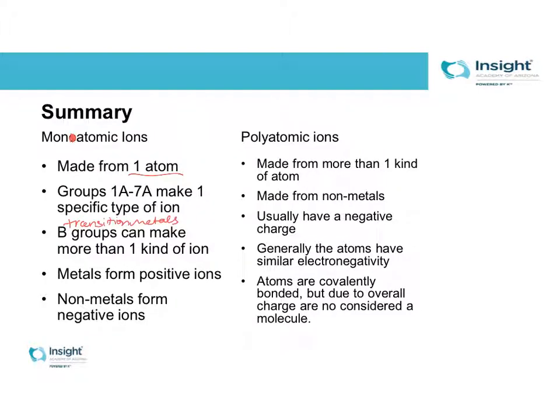Metals form positive ions, non-metals form negative ions. That's your important information to know for monatomic. Polyatomic, you need to know they make more than one kind. They are always from non-metals. So 99.9% of the time they have a negative charge. Ammonium, the NH4+, is the only polyatomic ion that you're probably ever going to interact with that has a positive charge.